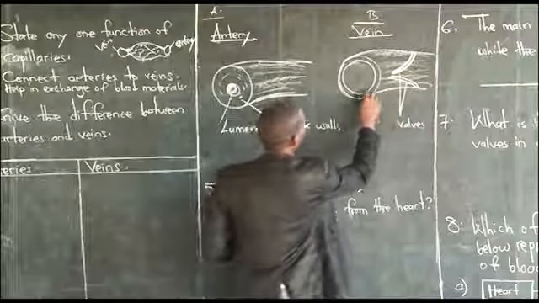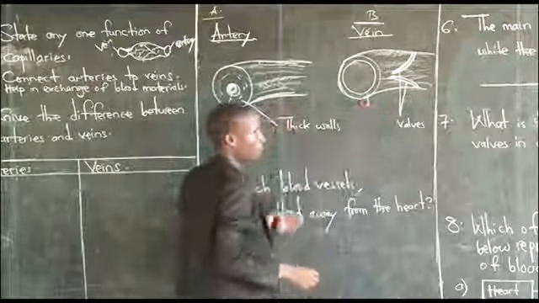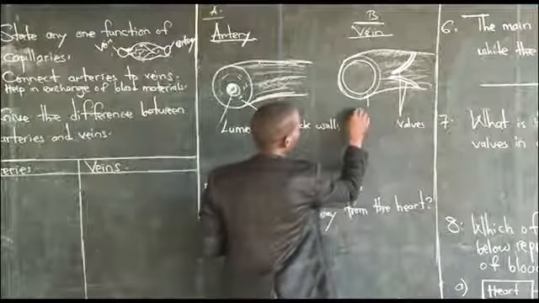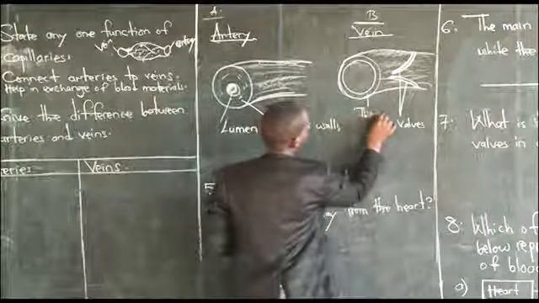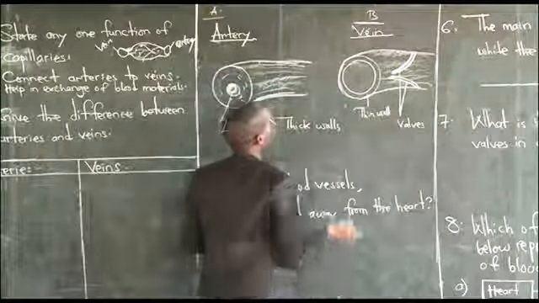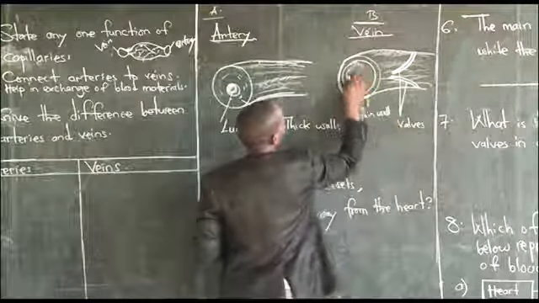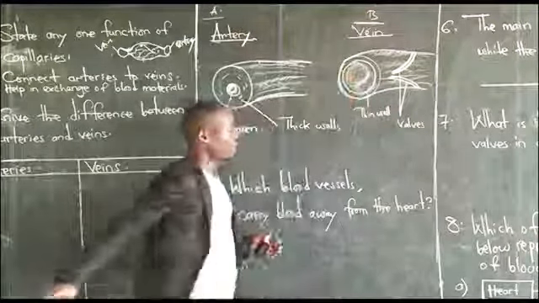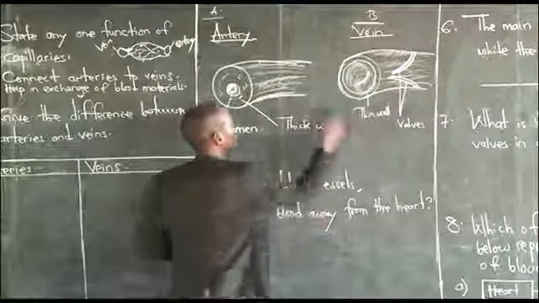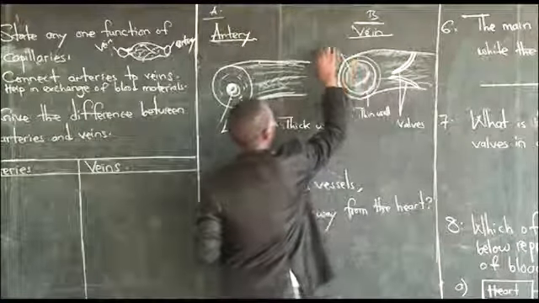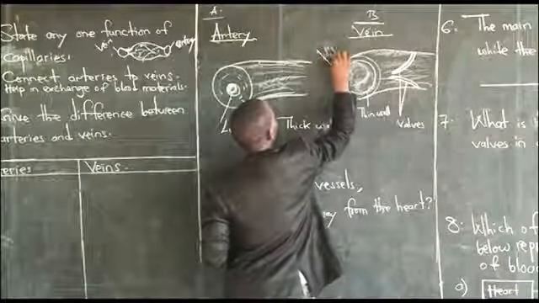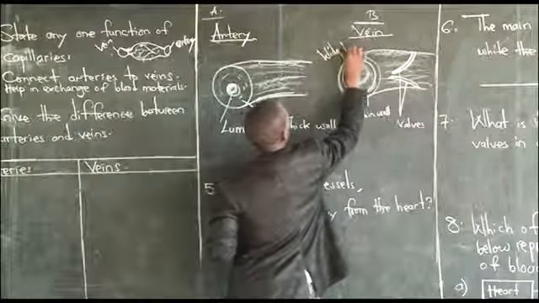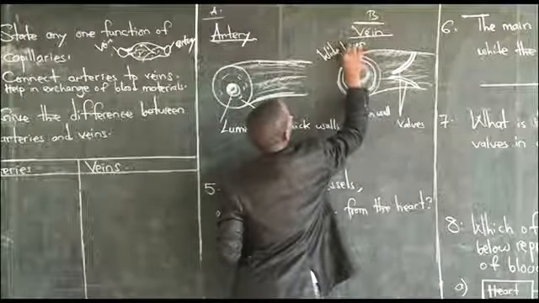Talking of the wall, they have thin walls. Then look at this middle part here. That is the lumen. So simply with veins, I've got a wide lumen.